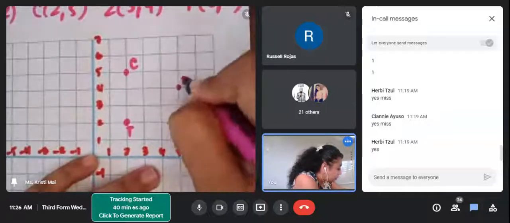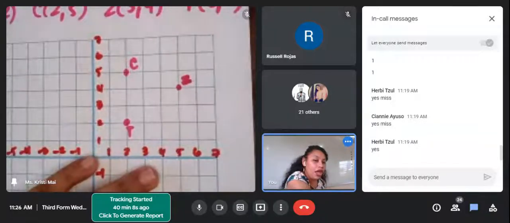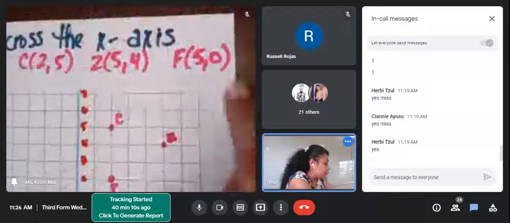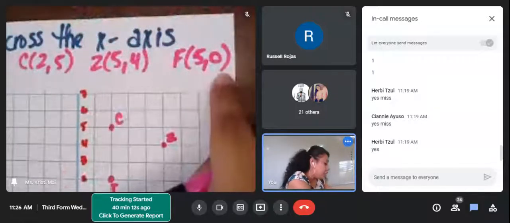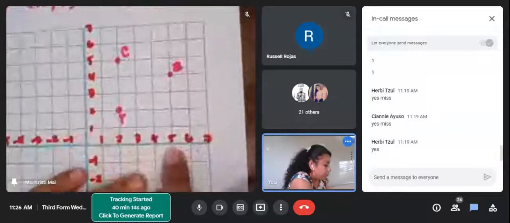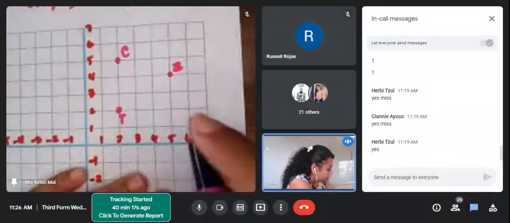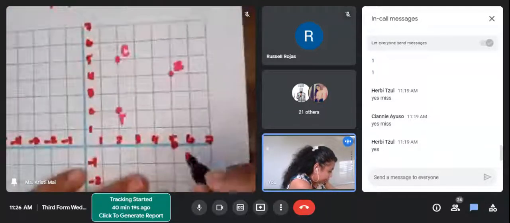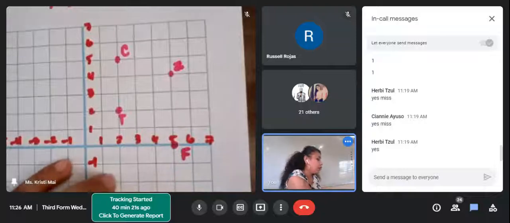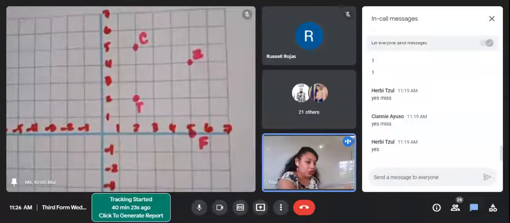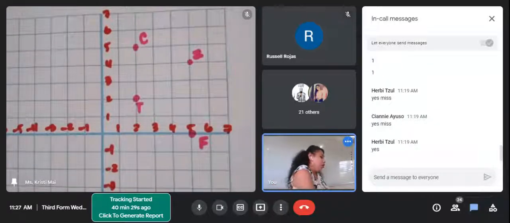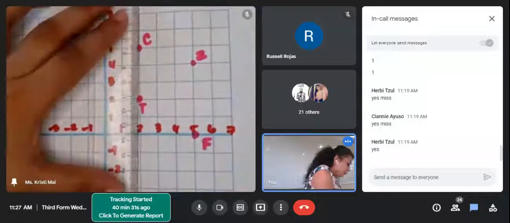So Z is going to be here. And then the last point, it says 5, 0. So I find 5 on the x and 0 on the y. And then this is where F is going to be. And you have the original image, right? And we can go ahead and connect the dots.